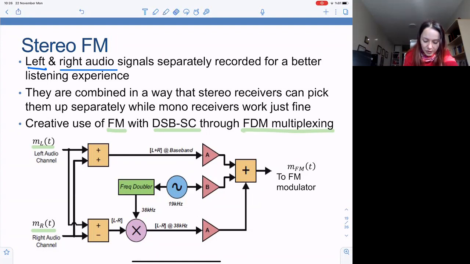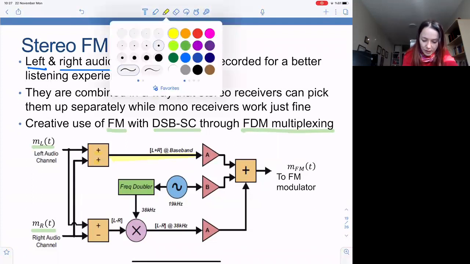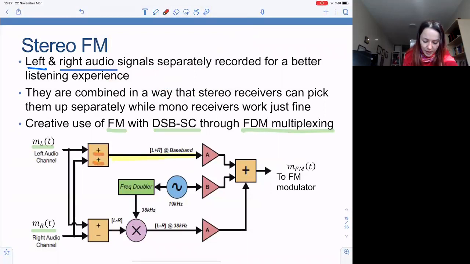On the first channel, the top channel, transmit left plus right, that is ML plus MR. On the bottom channel, transmit ML minus MR.